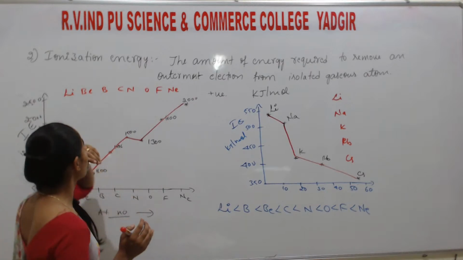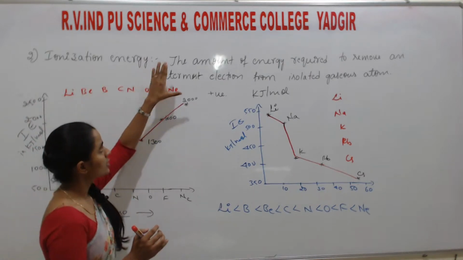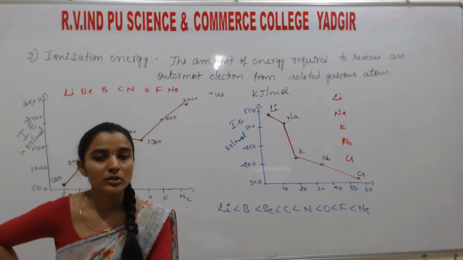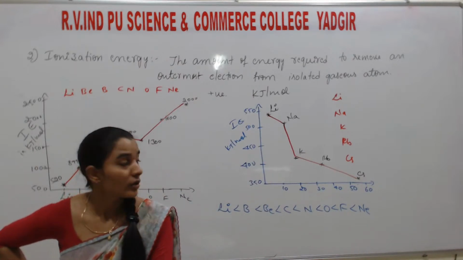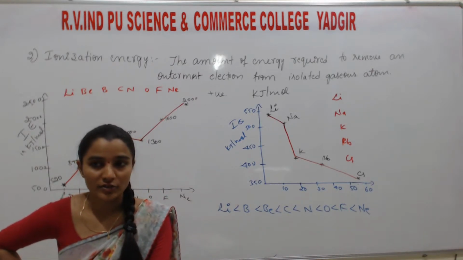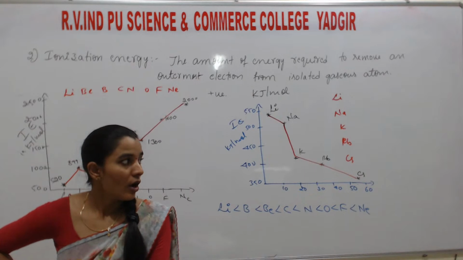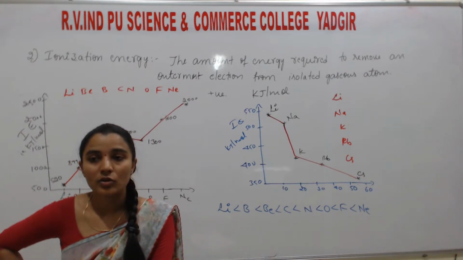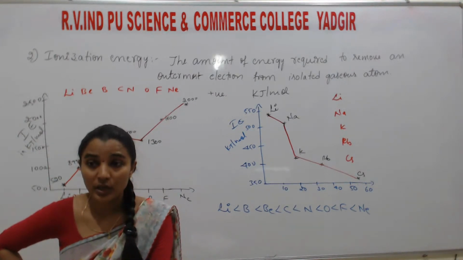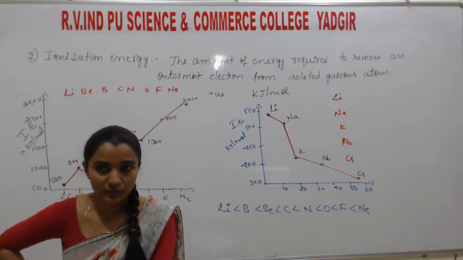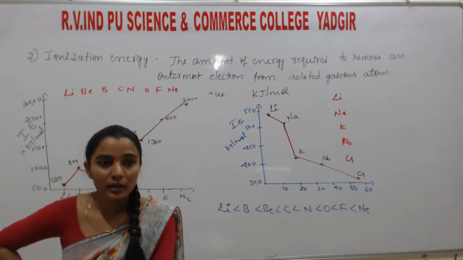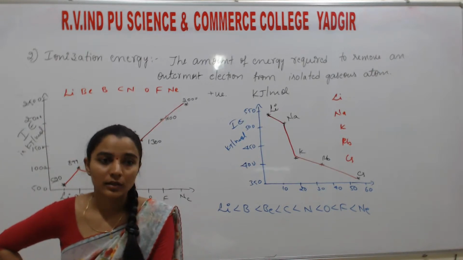So students, you have to remember what is ionization energy. It means the amount of energy required to remove an electron from the outermost shell, or you may say outermost electron from the isolated gaseous atom. And another one, along the period, this ionization energy increases because size decreases. Understand? Next, along the group, the ionization energy decreases because size increases.